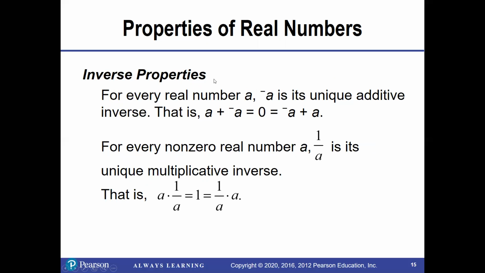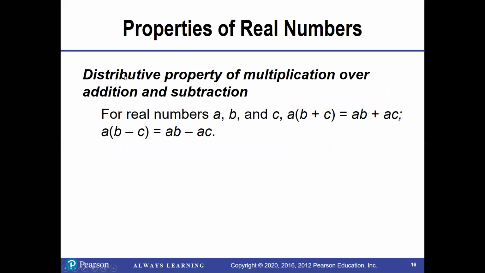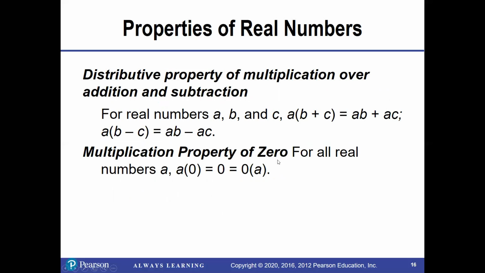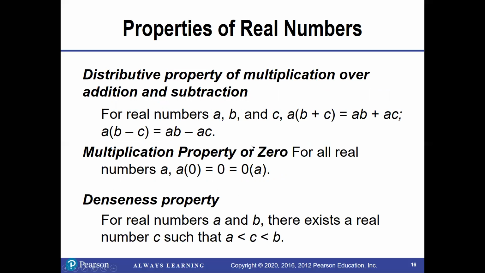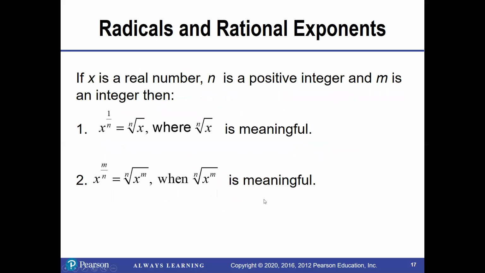They have an inverse property: a real number plus its opposite is still going to be 0. The distributive property does work, and you can still find the other real numbers.